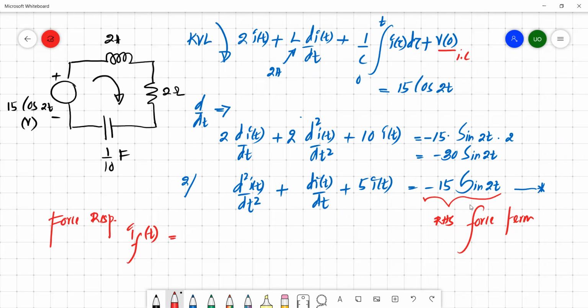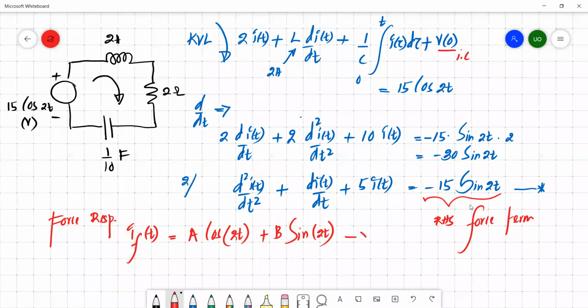If it is sinusoidal or trigonometric, we should come up with a general form, which equals a cos omega t, where omega t would be 2t, plus b sine 2t.